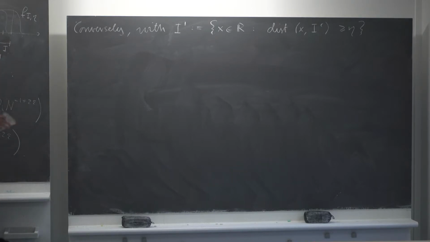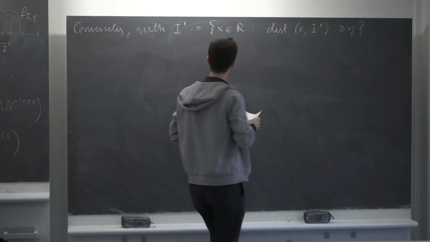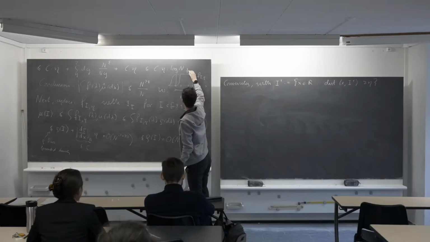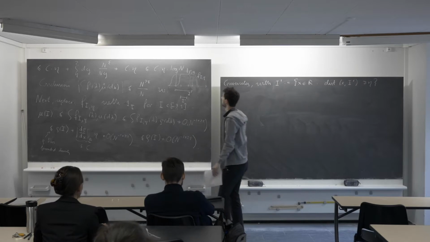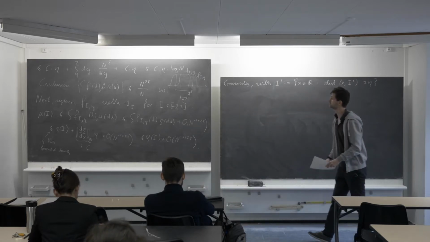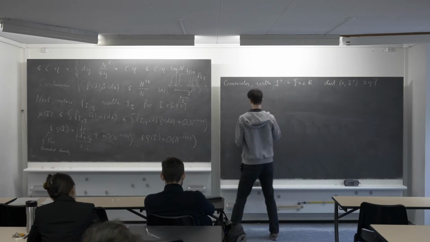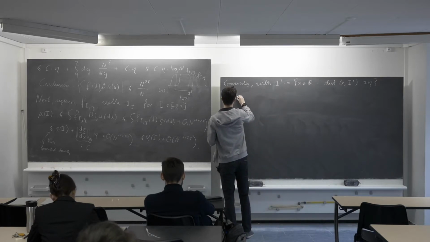So this is the interval. Then by definition, this function f, so this is the function f of I prime eta, is less than or equal to the indicator function of I. And we can proceed exactly in the same way.